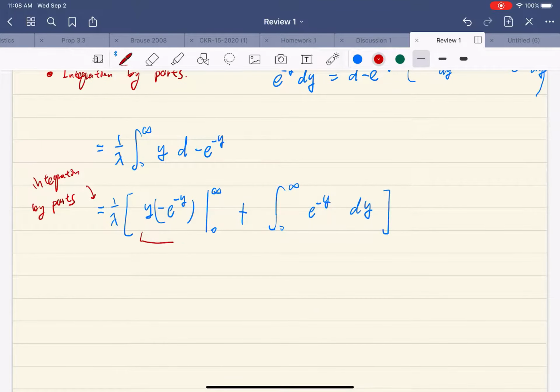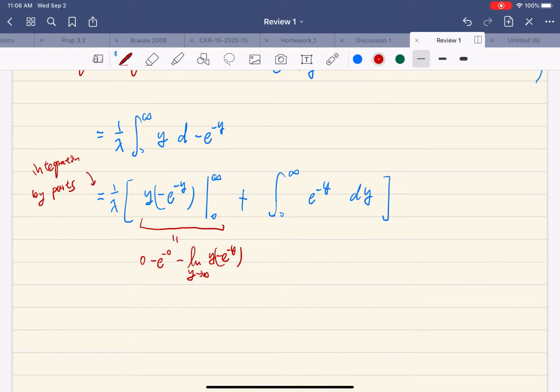Okay, and for here, this term is equal to 0 times e to the negative 0 minus the limit of y e to the negative y as y goes to infinity. Okay, and this term is 0 because the exponential goes to 0 faster than y goes to infinity.